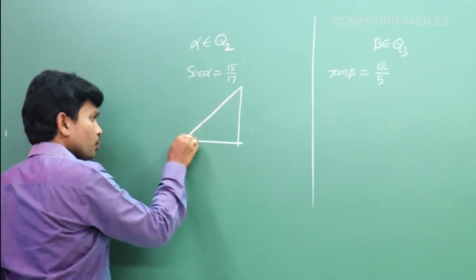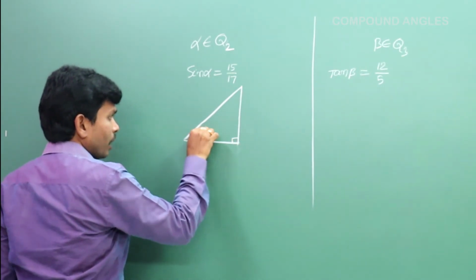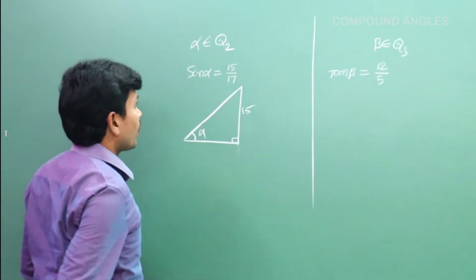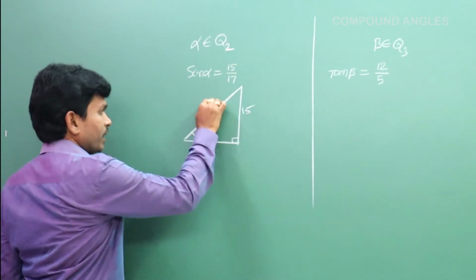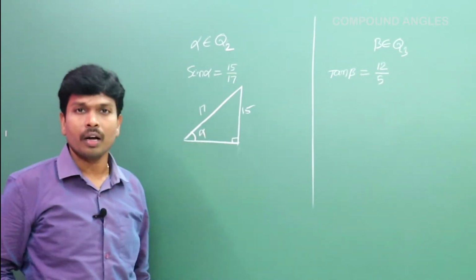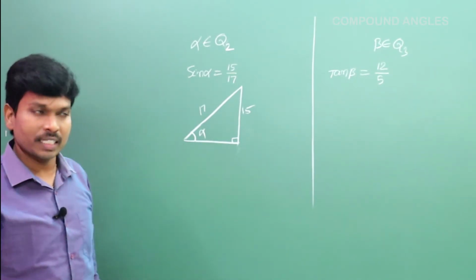So now you observe, sin alpha equal to 15 by 17. Just we choose one right angle triangle here. Let it be alpha, you take it. What is the opposite side? 15. What is the hypotenuse? 17. Can you say the adjacent side value? Adjacent side of alpha, what will you get? Yes, 8.